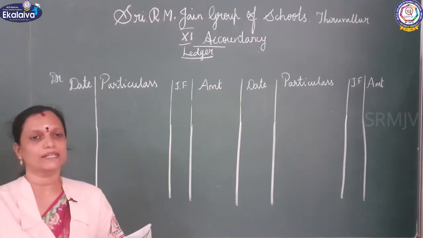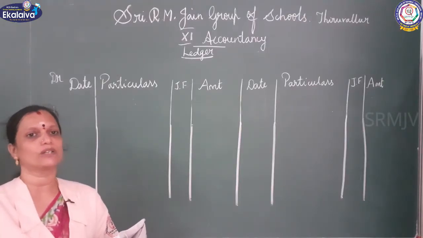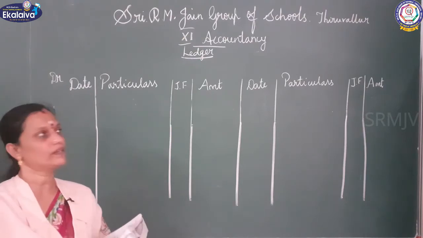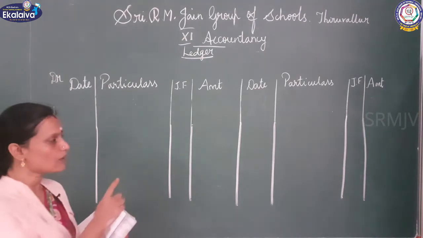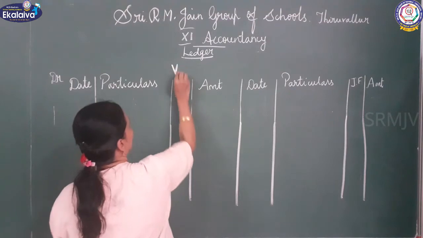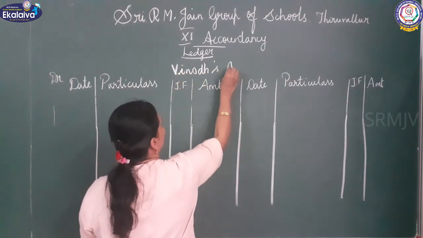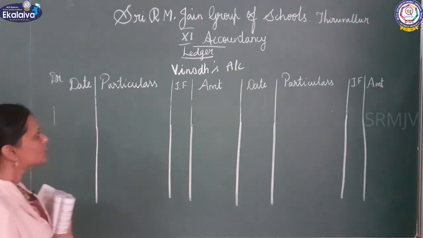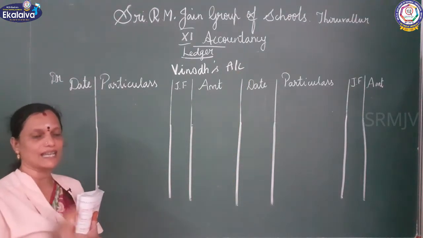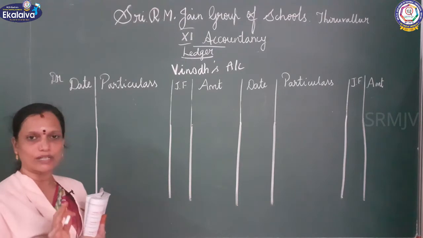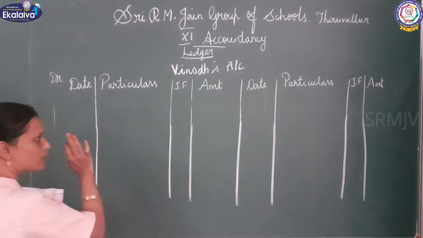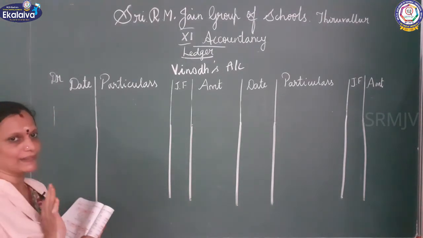In this sum, they told us to put only Vinod's capital account in ledger. Okay, so now I am going to do ledger Vinod account. Vinod's account. Okay, so Vinod has invested only the capital, which is 1,40,000. Okay, so only I am going to write the capital alone.